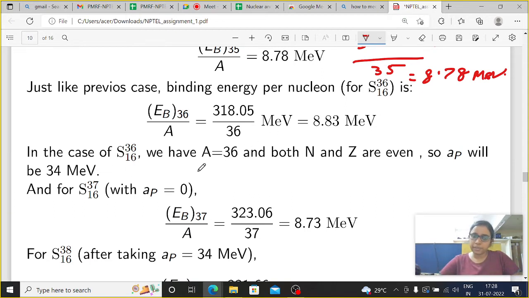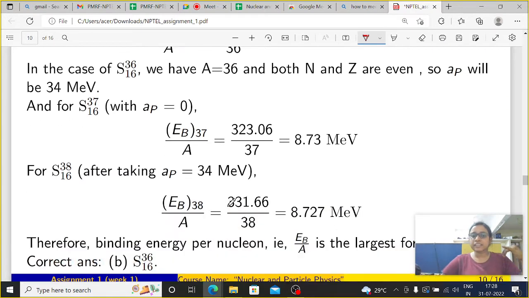I have already mentioned that we have A equal to 36 and both N and Z are even, so a_P will be 34 MeV. It is not that a_P will be 0 in that case. a_P will have the positive value 34 MeV for S-16-36. And what will be the value of binding energy per nucleon? It will be 318.05 divided by 36, which is nothing but 8.83 MeV.